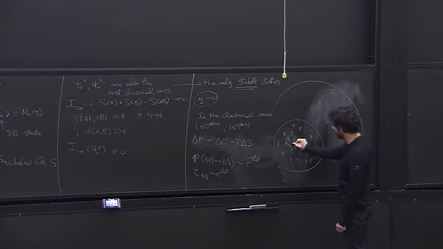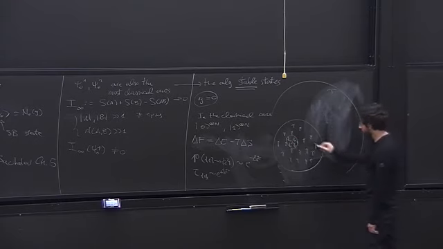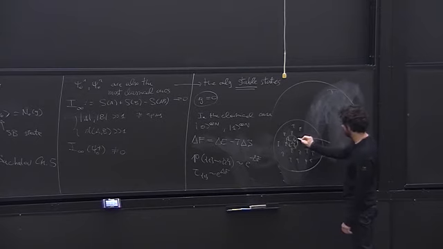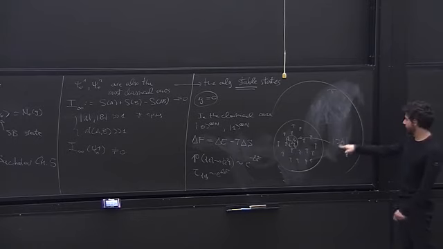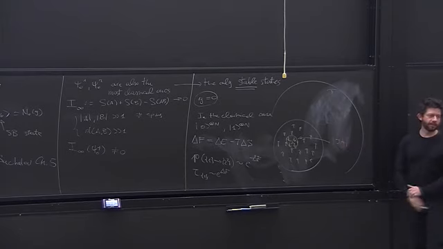Let me call this domain A. At the boundary of this domain, which is partial A, the boundary of A, and when I put this symbol, it means how big the domain is. In this case, in 2D, this is a perimeter, but it can be anything. So the argument will carry through in any dimension.